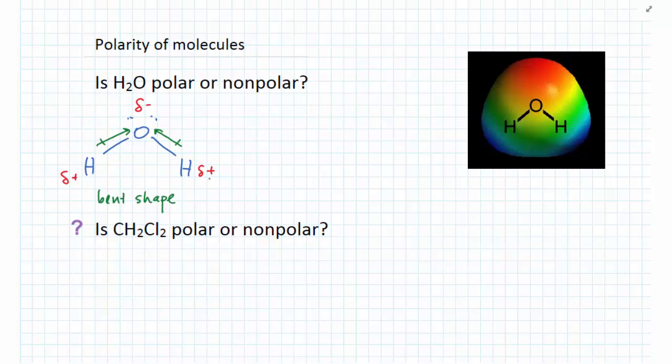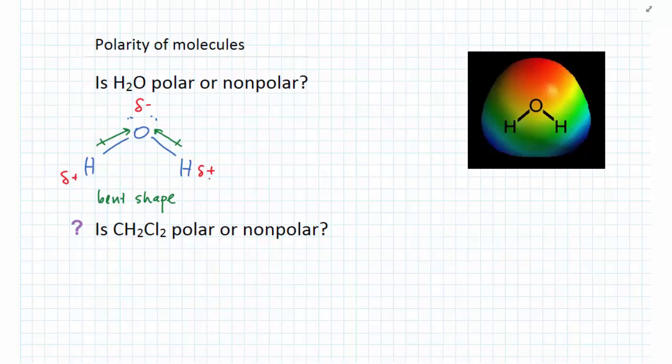And again, what is it about the drawing that made this bent instead of linear? The dots on the central atom made this bent. We've got a pulling towards O that way, pulling towards O that way.